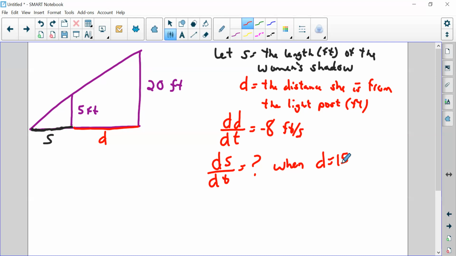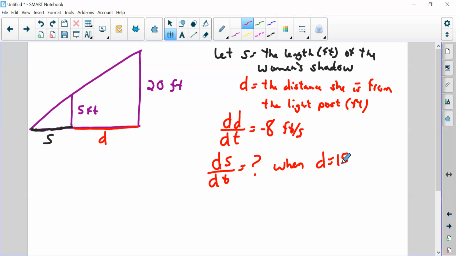No, we can't do that yet, because we can't use D as 15 to differentiate.